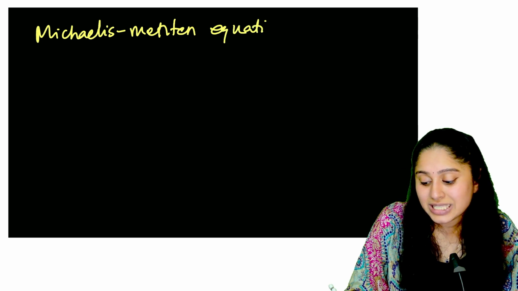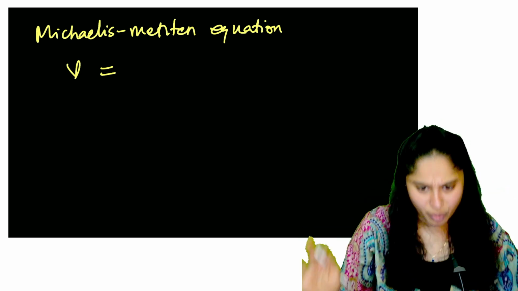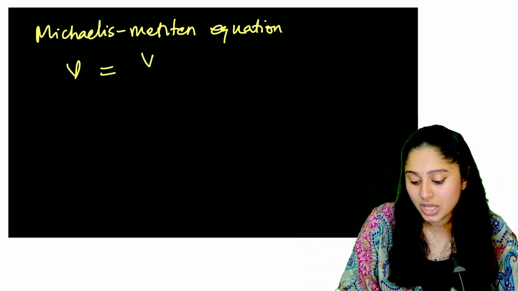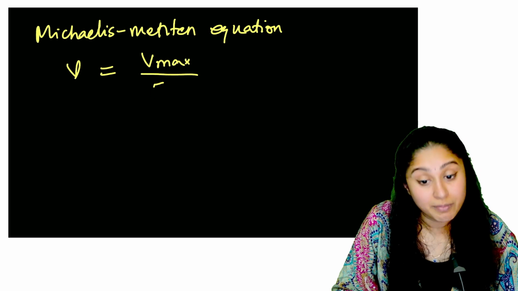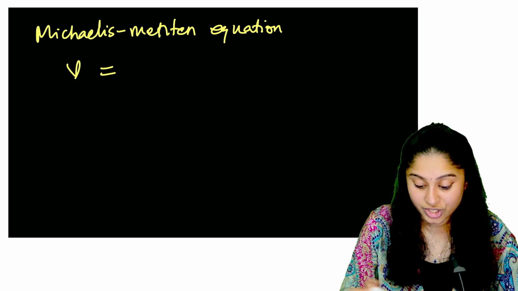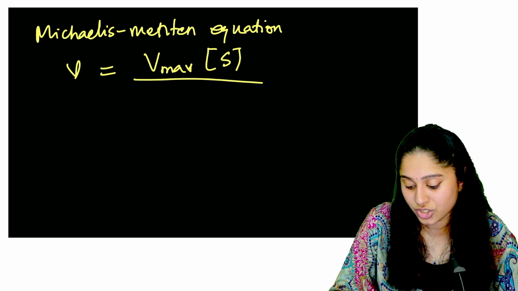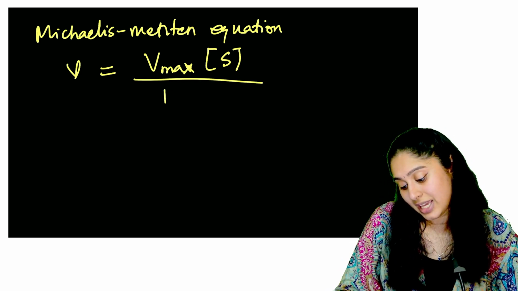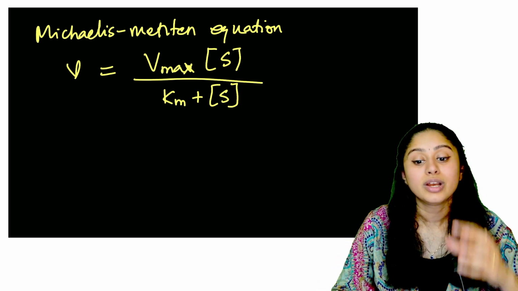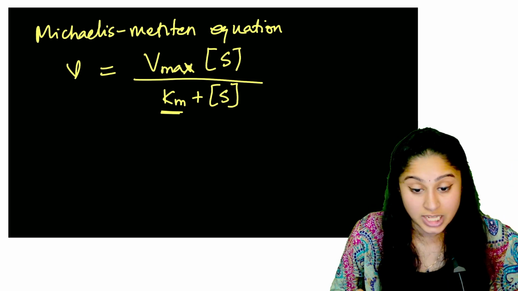The Michaelis-Menten equation states that my velocity at any given point of time, or the reaction rate at any given point of time, is equal to Vmax multiplied by the substrate concentration, divided by the Km value plus the substrate concentration. Here this Km is nothing but that Michaelis constant that I spoke to you about.